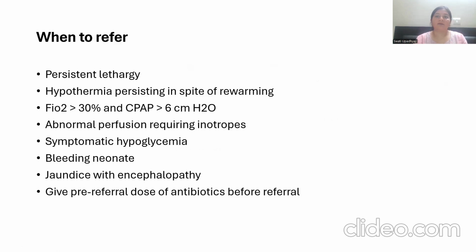Always remember that before referral and transport, give the pre-referral dose of antibiotics and stabilize the baby before transporting.